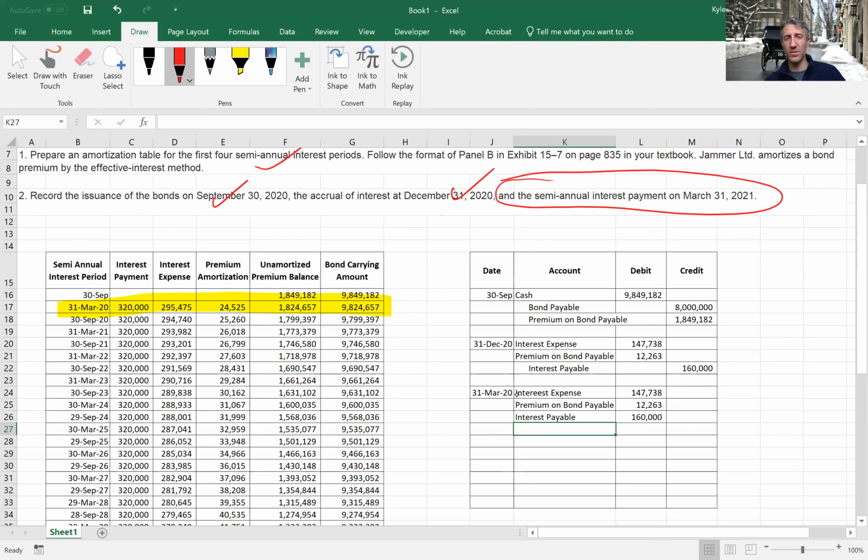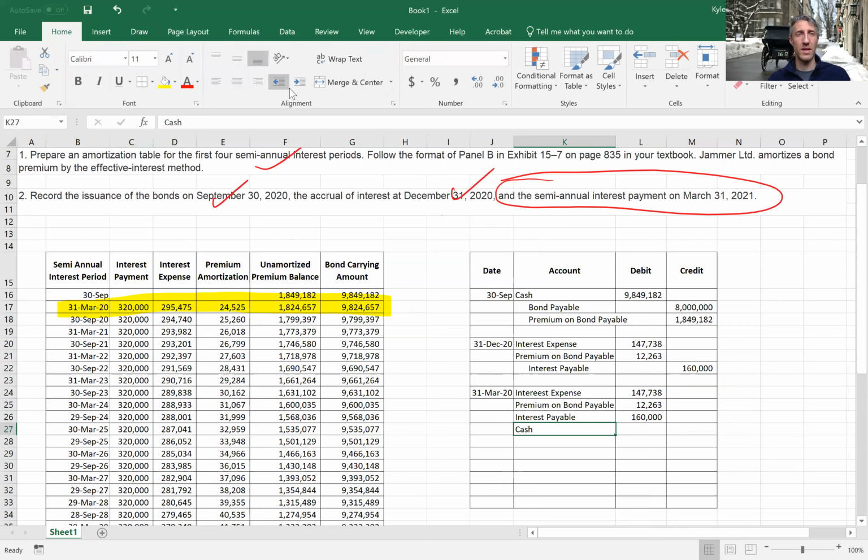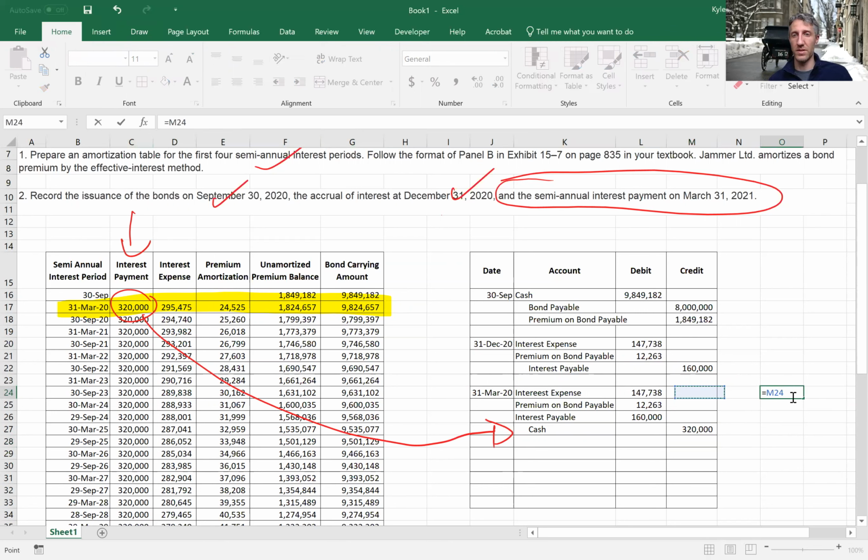Well, what are they actually doing? They're paying the bondholders in cash, and the amount of cash they pay the bondholders doesn't change. It's going to be $320,000, which is the interest payment in this column. So I'm just going to double check that these 3 add up to 320 so that I know I did it all right. And it does, which is a good indication. So we've completely solved this problem.